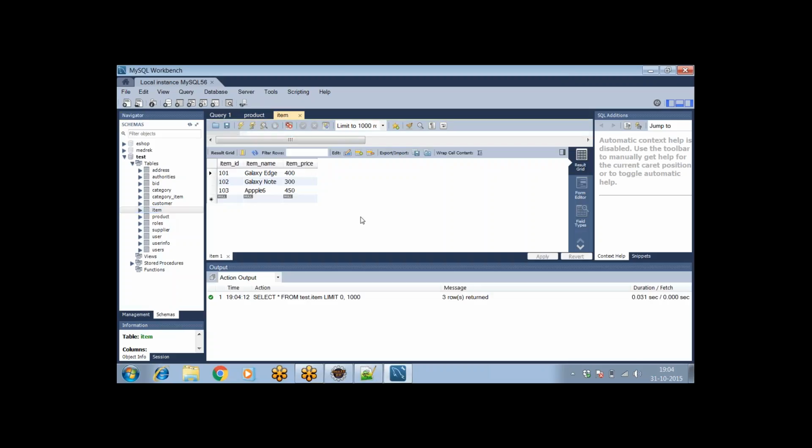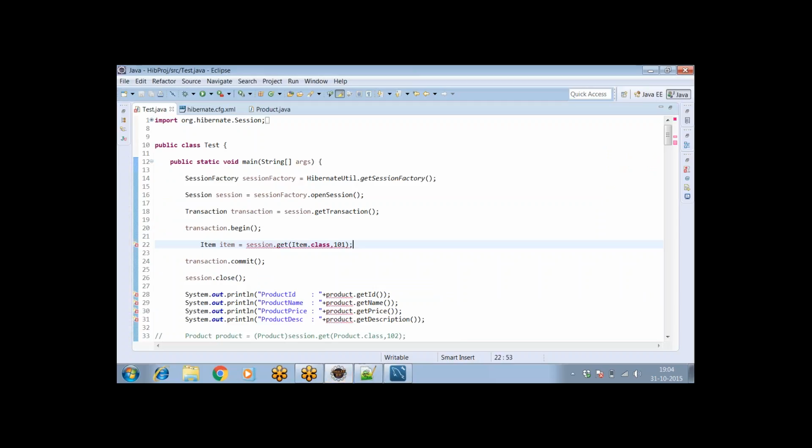Yeah, you see, these are the records which you got. Now we'll fetch that item whose ID is 101.